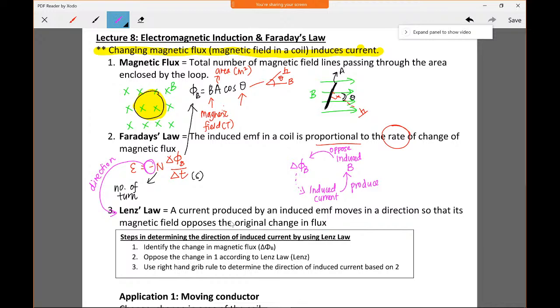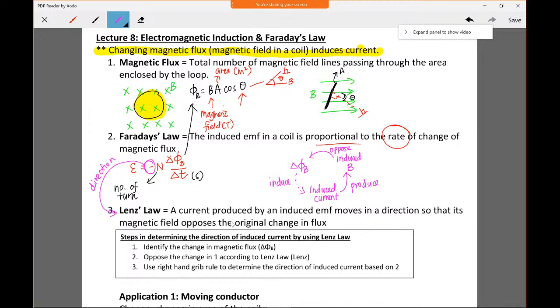So these are the relationship. According to our main concept, the changing magnetic flux induces the current. So the current will have to move in a direction whereby its induced magnetic field will oppose the initial change in flux.